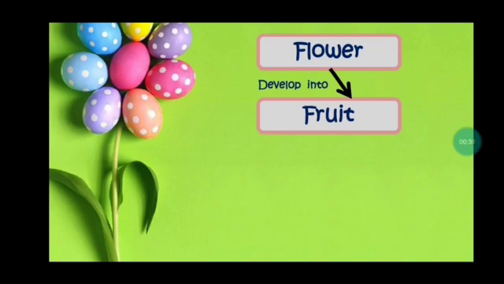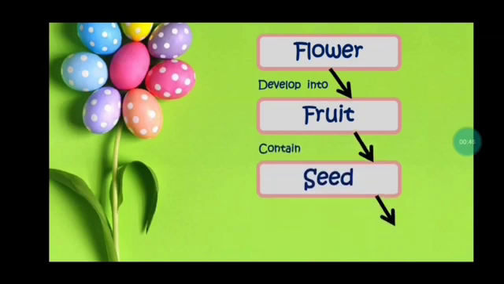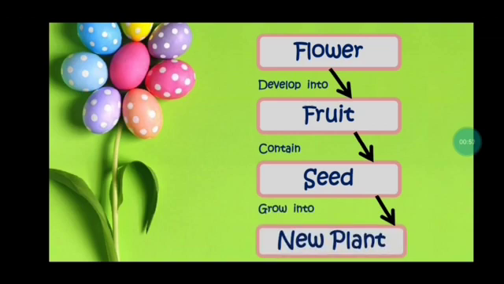That insect will help the flower to reproduce, and then the flower will develop into fruit. And then we know that the fruit contains seeds. Di dalam buah itu ada biji, and then the seed will grow into a new plant. This happens in many ways.